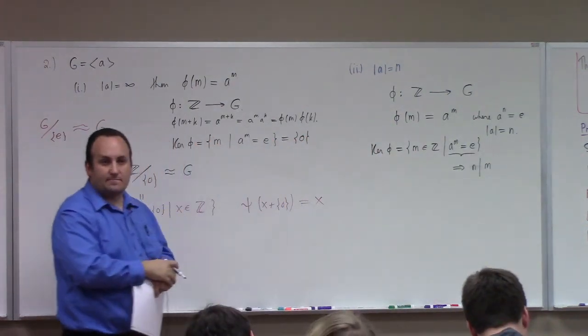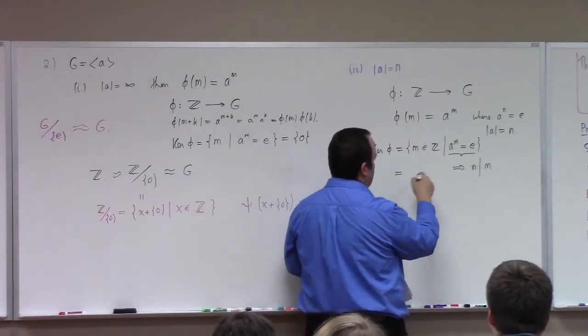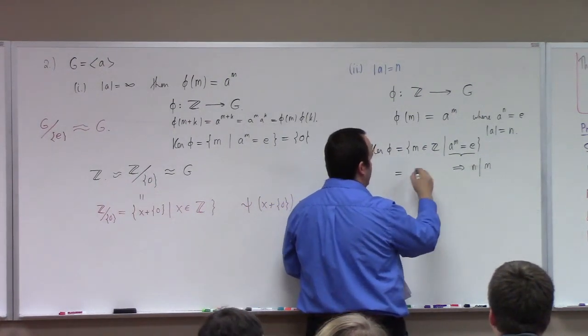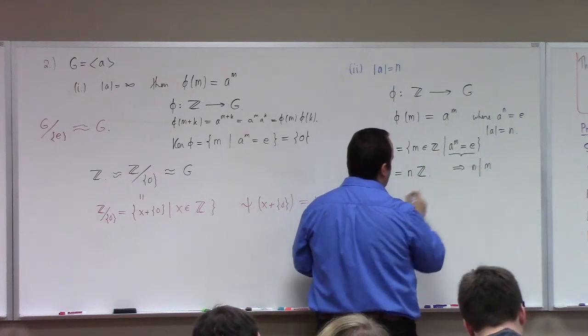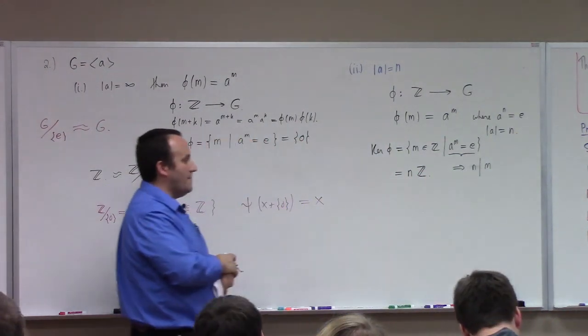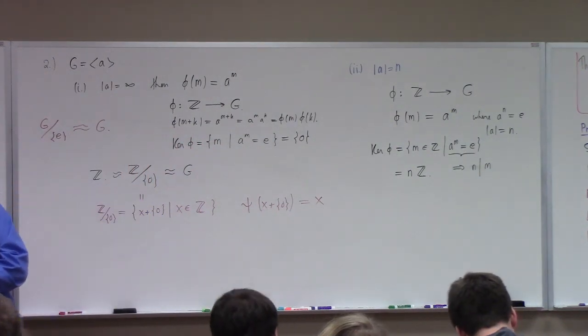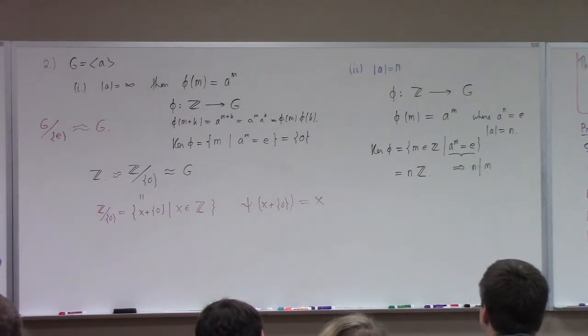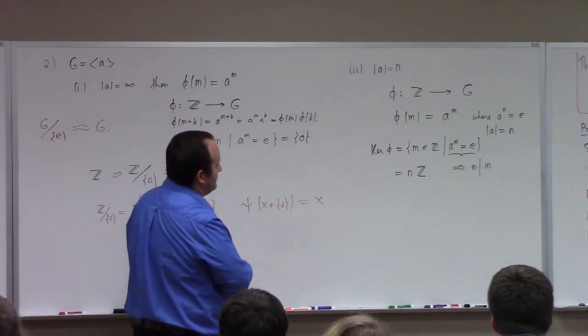So what is that set? This is exactly multiples of n, nZ, is what we call it, because m has to be some multiple of n. Any multiple of n, when you feed it to phi, it maps you to the identity.